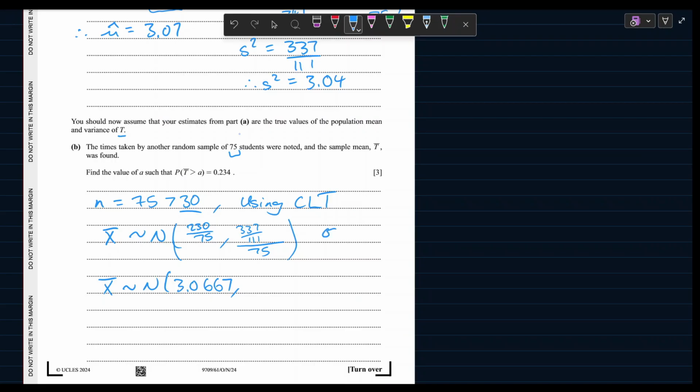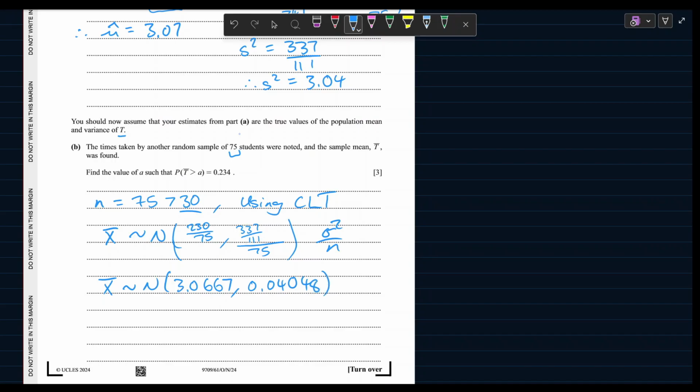Remember, the reason I've divided by n is because it's supposed to be sigma squared over n when you're finding the variance of your sample mean. And in this case, our n is 75. Our sigma squared is the estimate from part A. So this is 337 over 111 over 75, which gives us 0.04048.